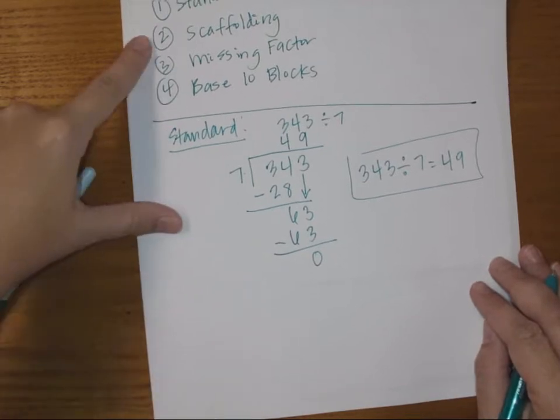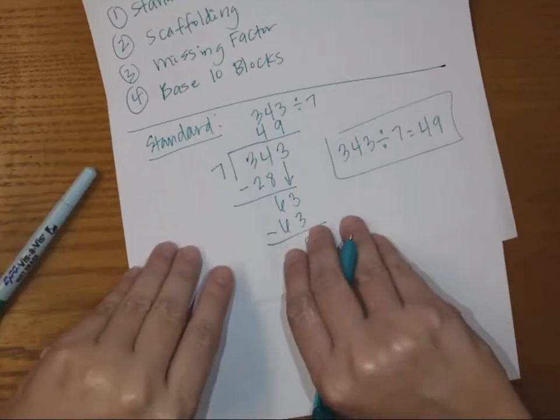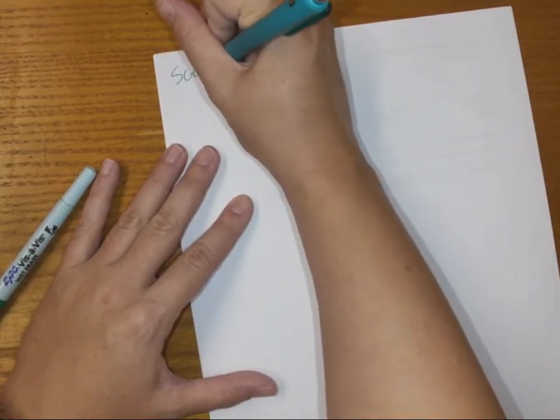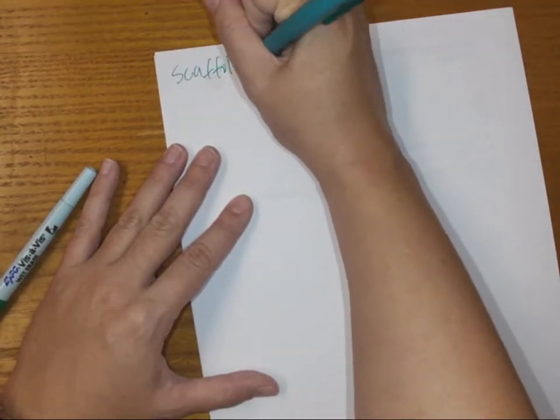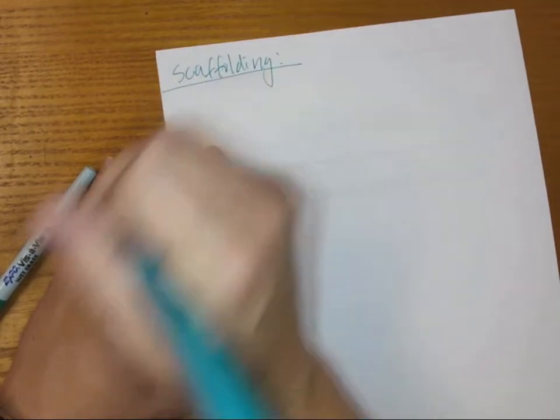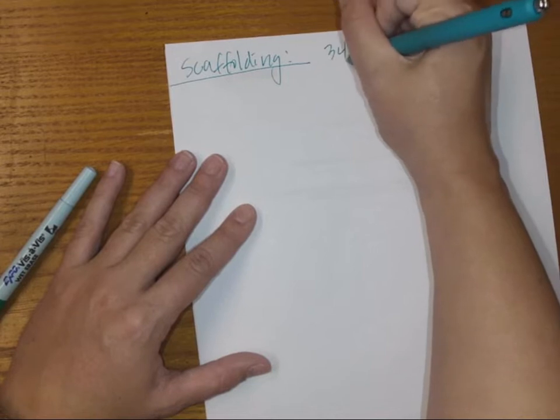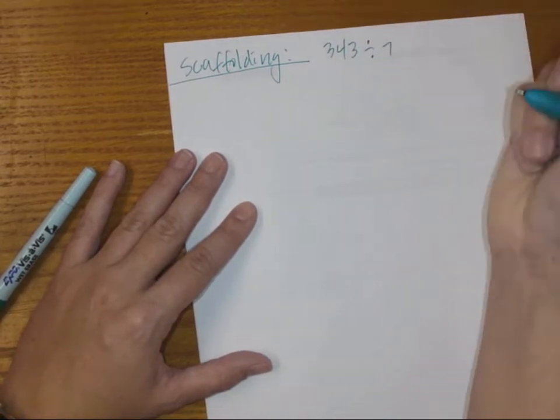So now let's move on to the scaffolding, the new stuff. So the scaffolding strategy for this. I still write the problem the same way, so let's do the same problem. 343 divided by 7.